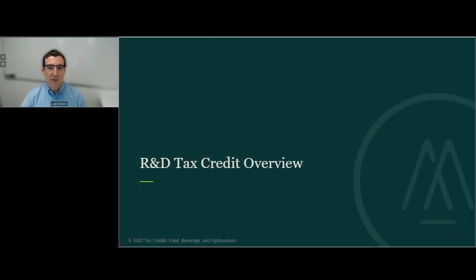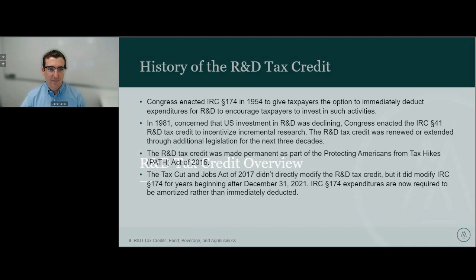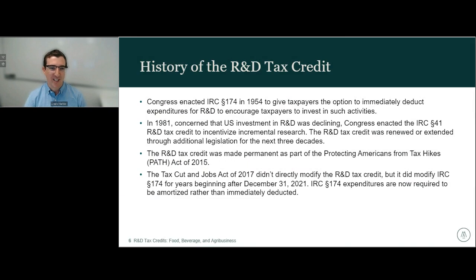So starting with an overview of the R&D tax credit and its long history. The United States has a long history of incentivizing taxpayers to invest in resources in research and development. In 1954, Congress enacted Internal Revenue Code Section 174, giving taxpayers the ability to deduct research expenses in the year incurred.